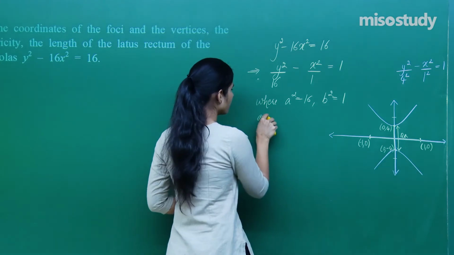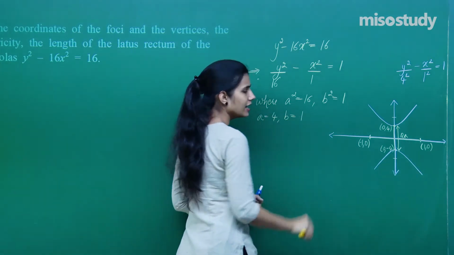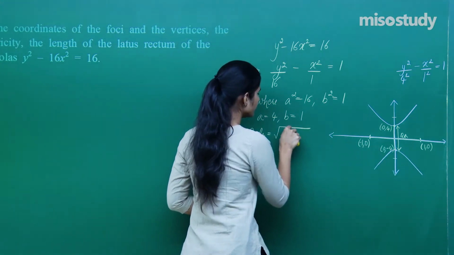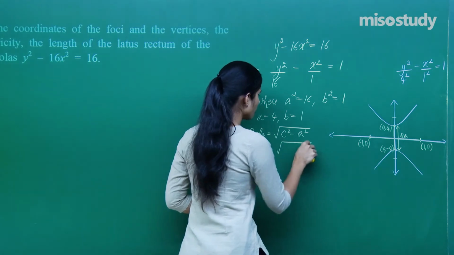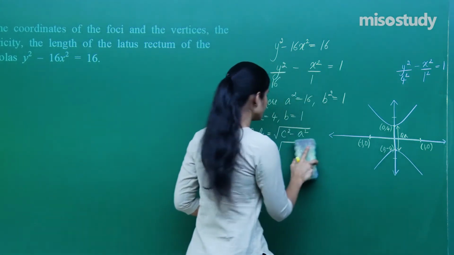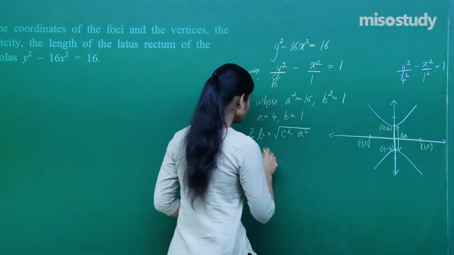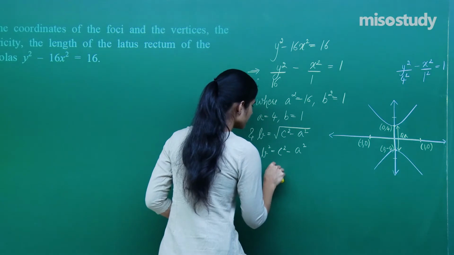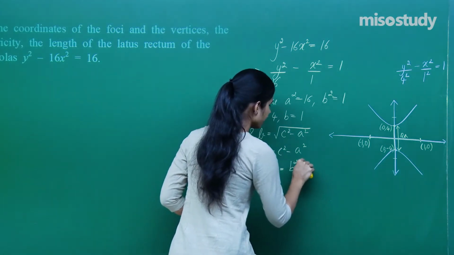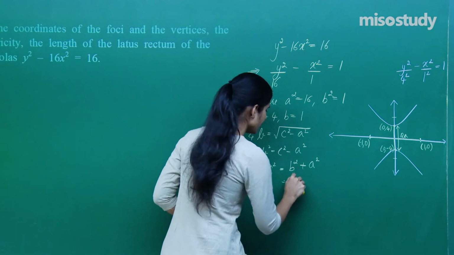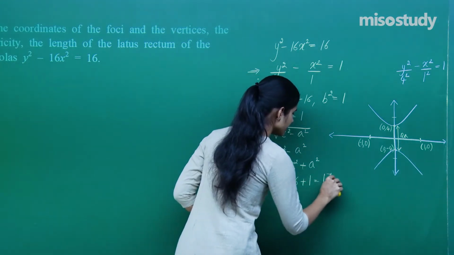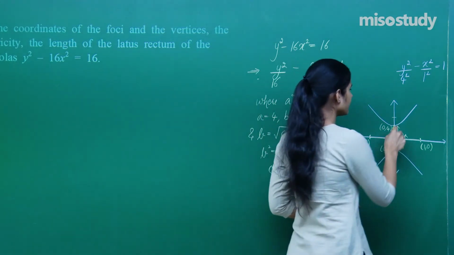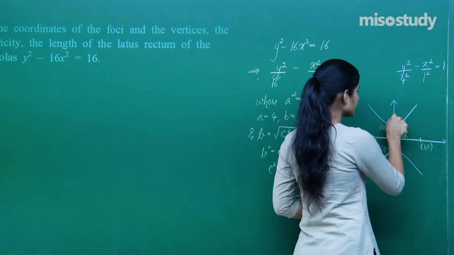So if a is 4, b is 1, in this hyperbola b square equals c square minus a square. I don't know what is c, so c square is b square plus a square. For this hyperbola, the values give 17. So c is root 17. Basically 2c is nothing but the distance between the two foci.